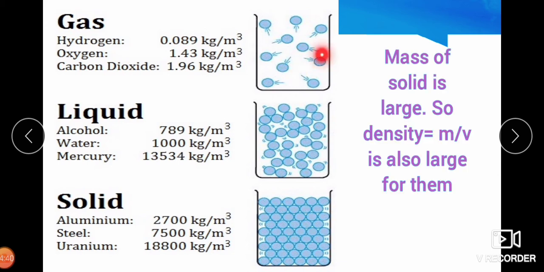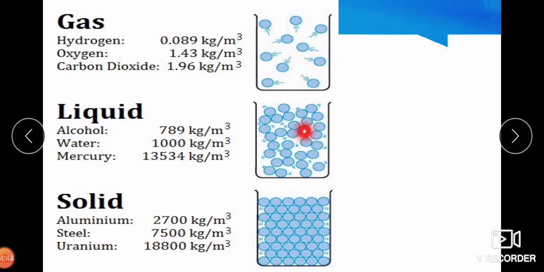So in the same volume, mass of solid is more than liquid and gases, and since mass is more, the division of mass upon volume will be more for solid. So density of solid is more than density of liquid and gas.